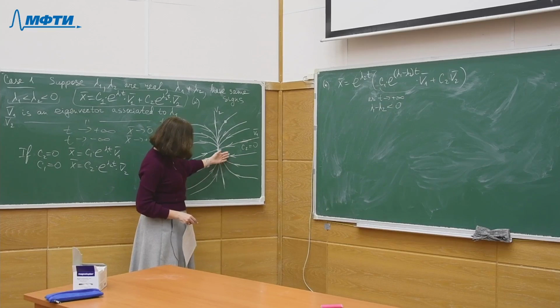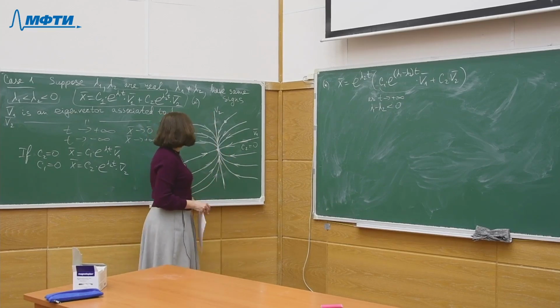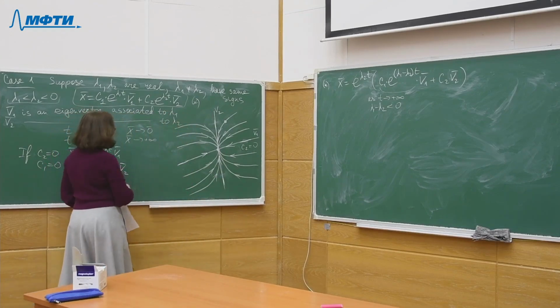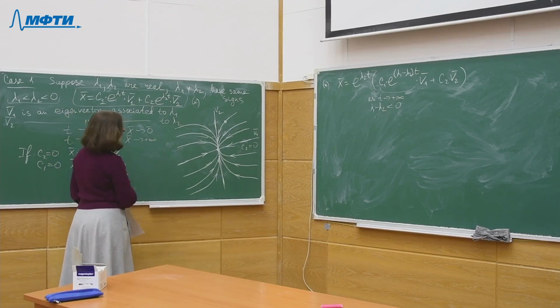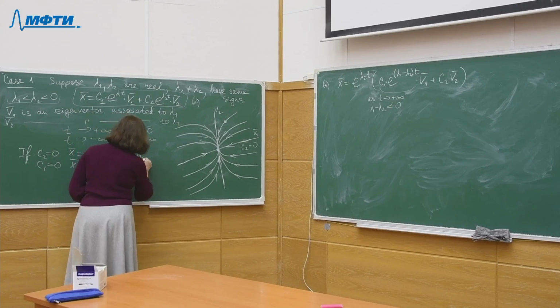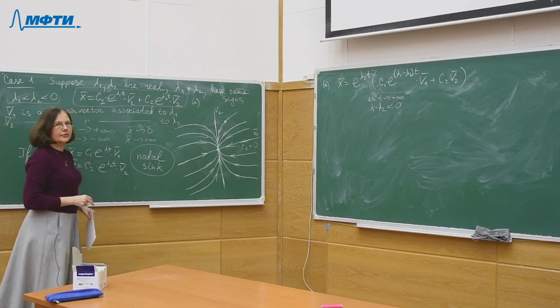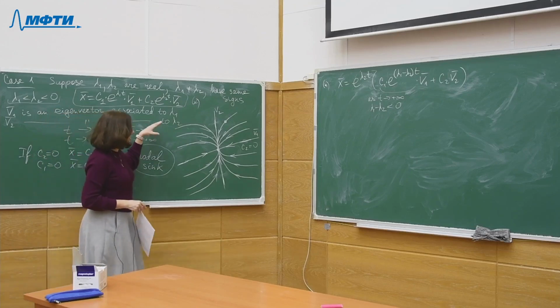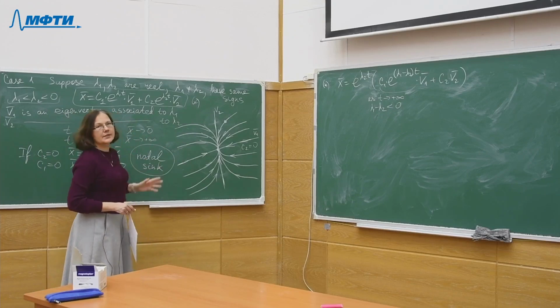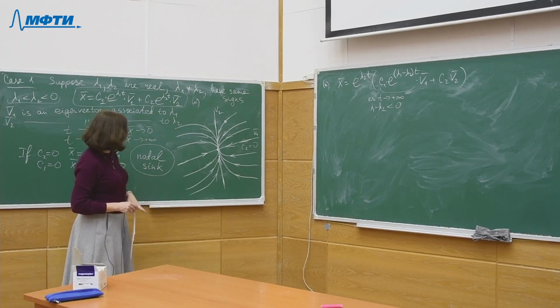All other trajectories will be tangent to this straight line, and this type of phase diagram is called a node or a nodal sink. This is a nodal sink because all the trajectories move toward the origin. The type is called a nodal sink.